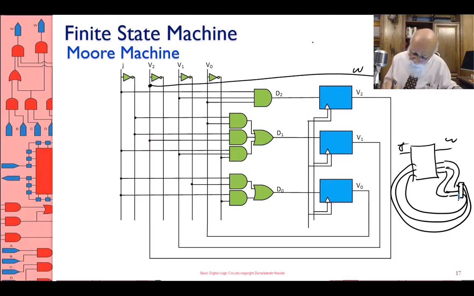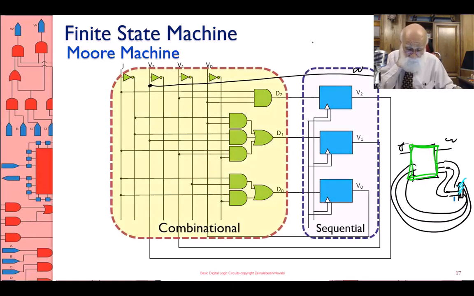These are the flip-flops. This is the green part, and the register is the blue one. That's probably the closest I can get to that. All right, that is the implementation of a Moore machine.